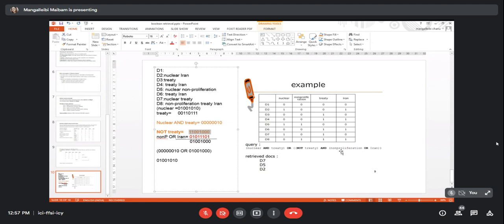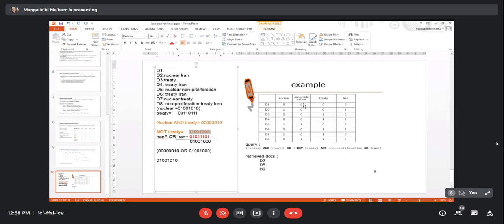Then non-proliferation OR Iran. Since it is OR Iran, we take the Boolean representation of non-proliferation and the Boolean representation of Iran.